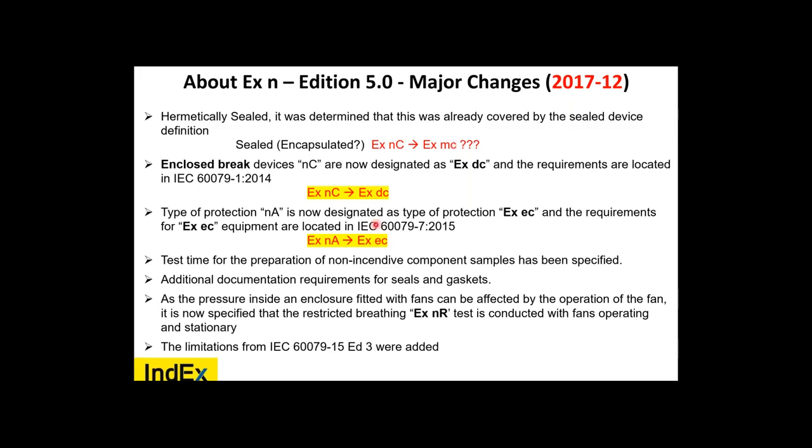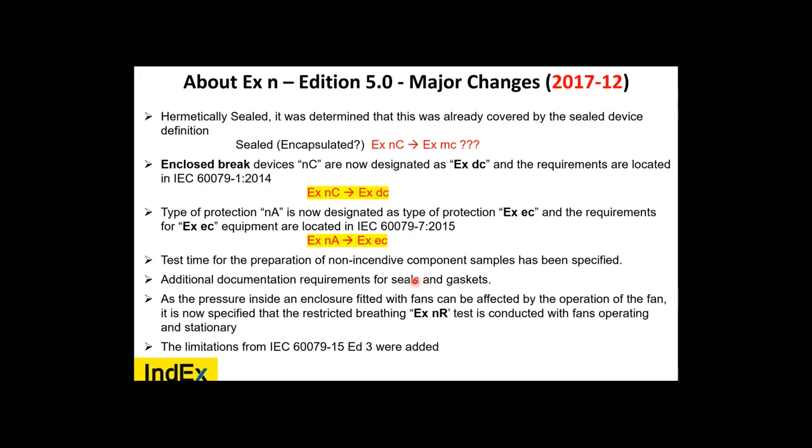Perhaps the next slide may explain. Enclosed break devices are now designed as EXEC and are now found under 60079-1. So EXNC enclosed break has become EXDC. EXNA is now designed as EXEC 60079-7.